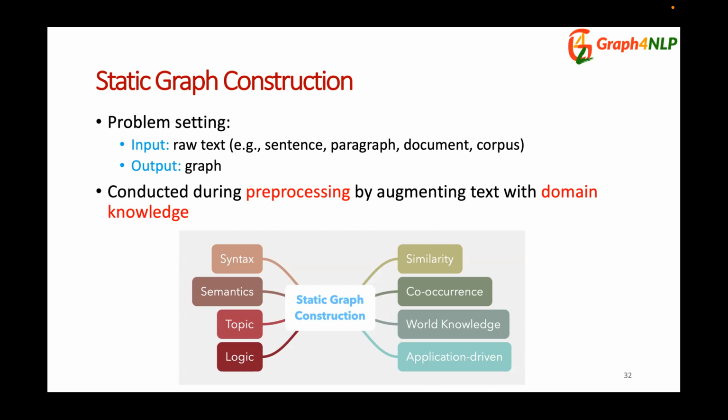Many static graph construction approaches used in practice are driven by the particular NLP applications and incorporate hybrid prior knowledge about the data and the task. So let's see some representative static graph construction approaches for NLP, which are widely used in the existing literature.